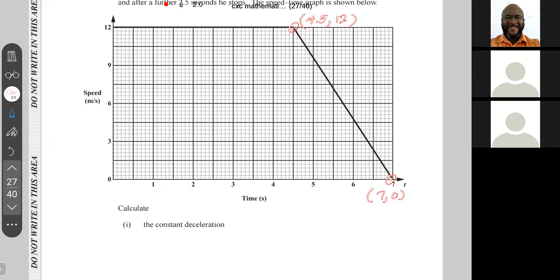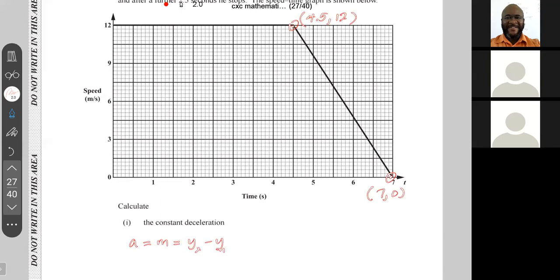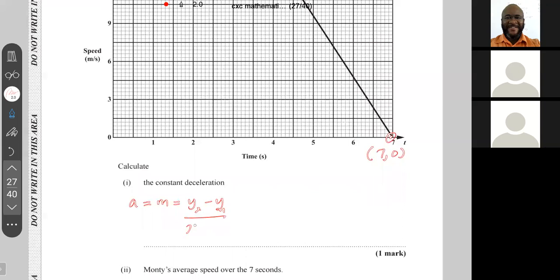At the top, his speed was 12. At the bottom, his speed is 0. He has stopped. The gradient m is equal to y2 minus y1 over x2 minus x1. y2, 0, minus y1, 12, over x2, 7, minus x1, 4.5.